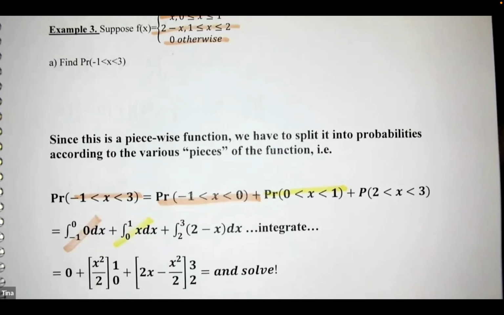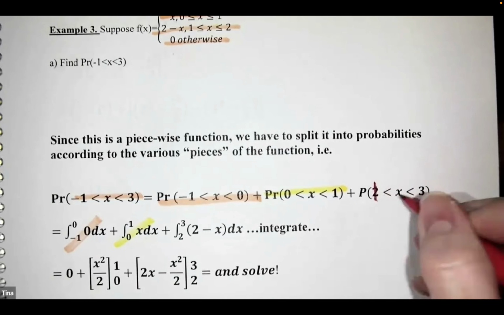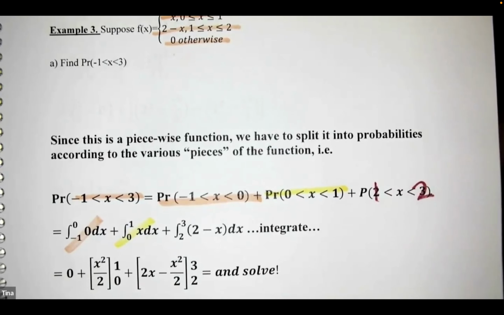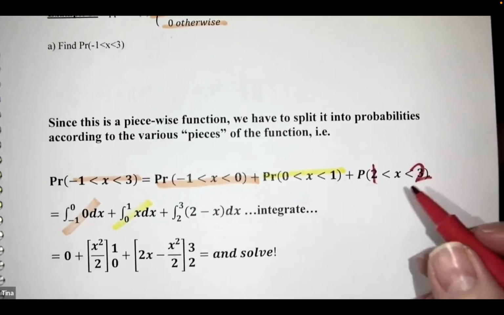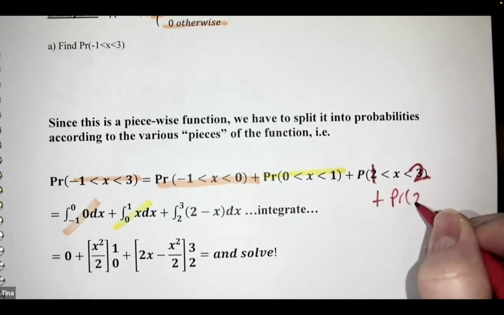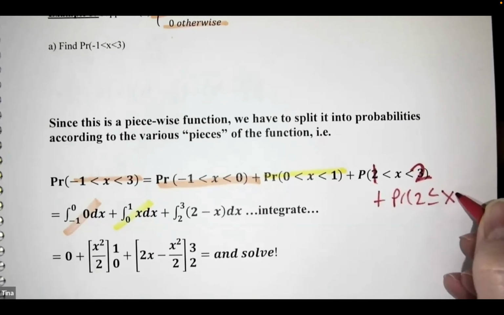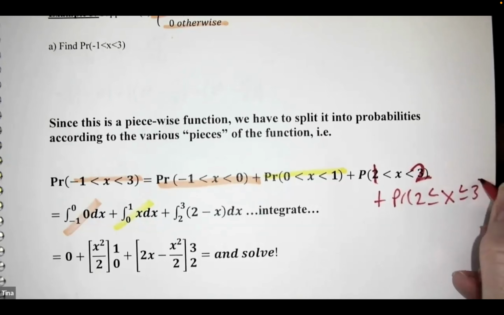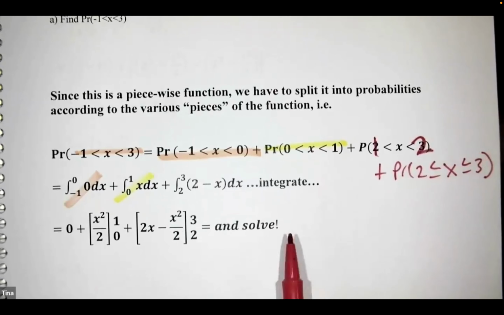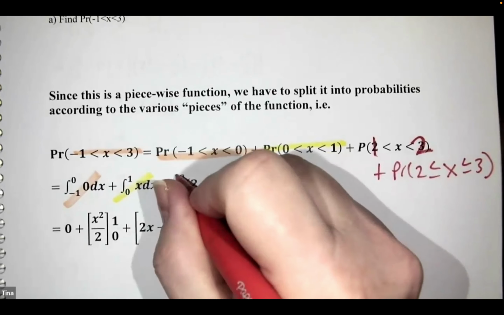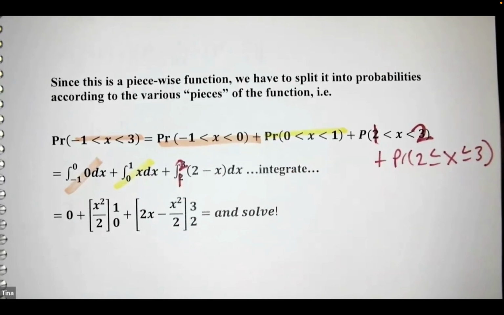Oh, so here I would have, let me type that in wrong. This should go from 1 to 2 then, right? And then the integral from 2 to 3 would be 0. Okay, so this should go from 1 to 2. So switch that there. I'll have to fix that.